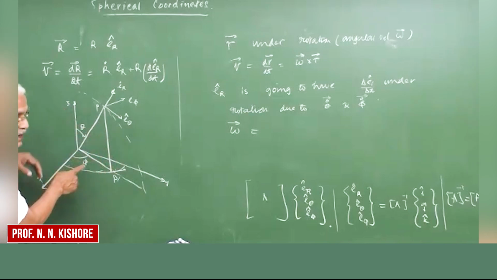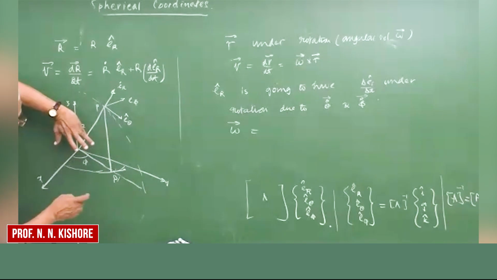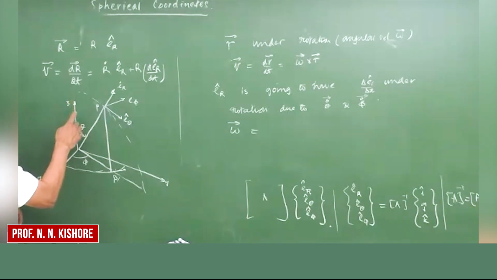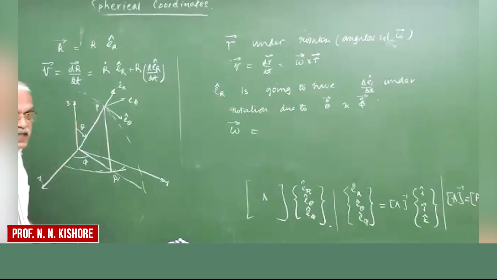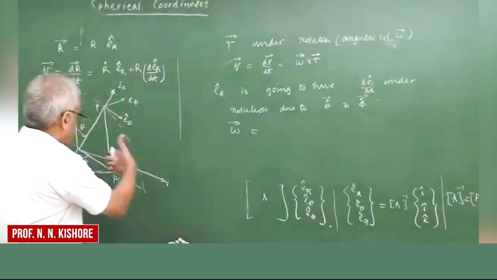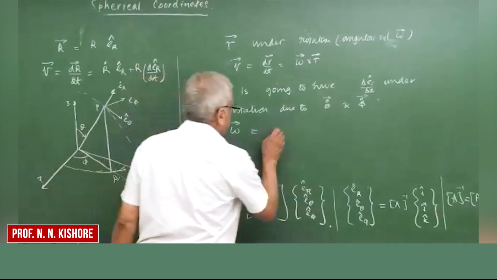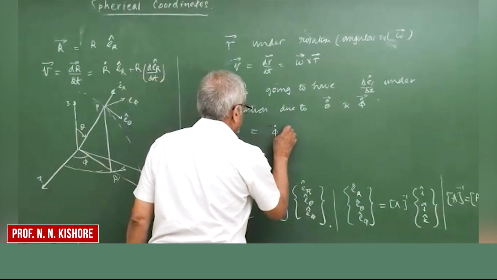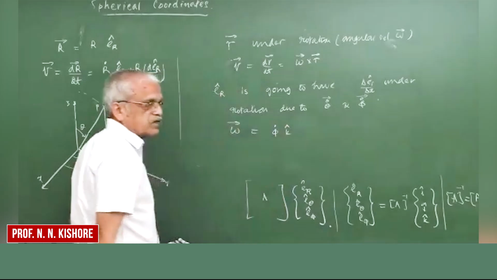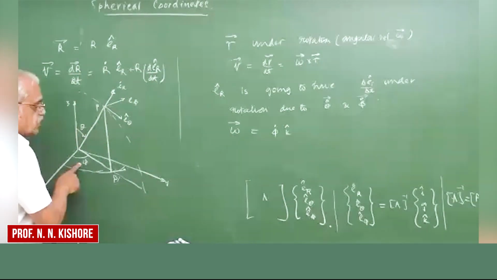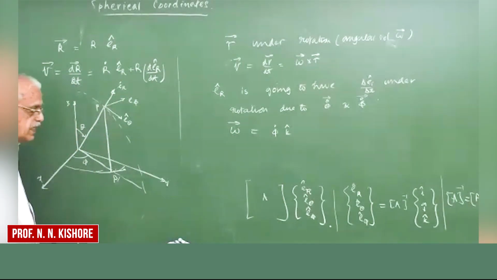And what is the direction of the axis? If it is going to rotate like this, then z is the direction of angular velocity. So we'll put it as phi dot k. This gives the magnitude phi dot as well as the direction k.